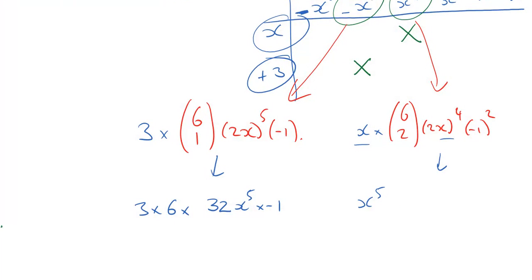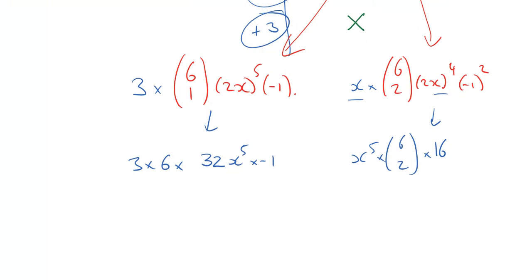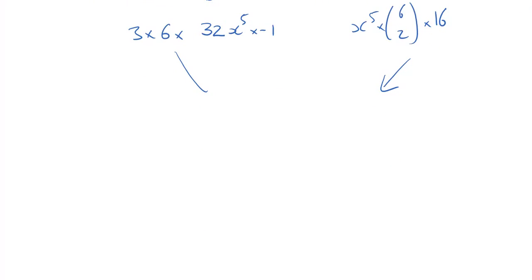6, 2. I'm just going to write it as 6, 2. I haven't worked it out yet. It's going to stay there. We're going to have a 2 to the 4, which is a 16, and the minus 1 times minus 1 is just going to make a 1, so we can leave that. So what's going to end up happening is our x to the 5 term will be a combination of those numbers and those numbers added together.